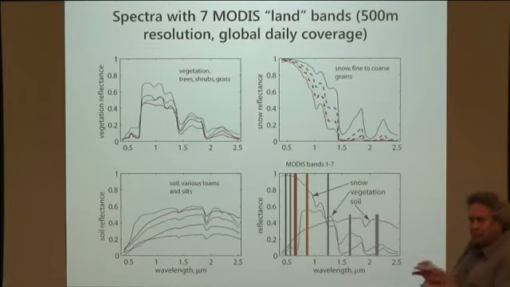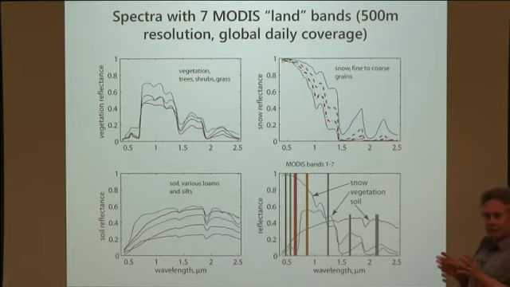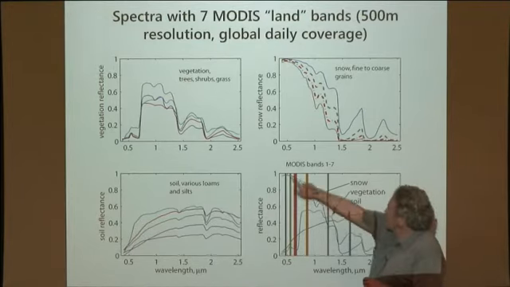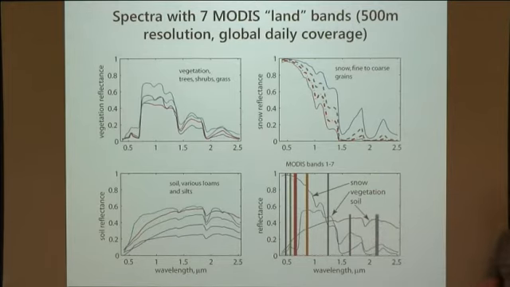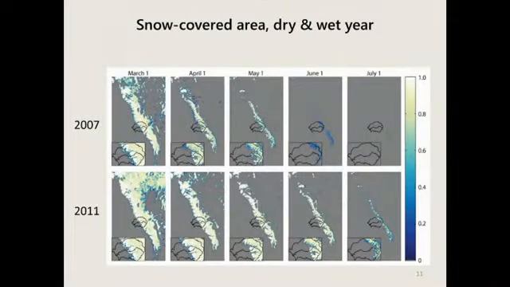So those three substances tend to have distinctive spectral signatures, and the MODIS bands are positioned well enough to catch those. What that means is that if you have a spectral signature from a pixel, then you can decompose it into what fractions of stuff went into it. And so that's where we get this fractional snow cover.